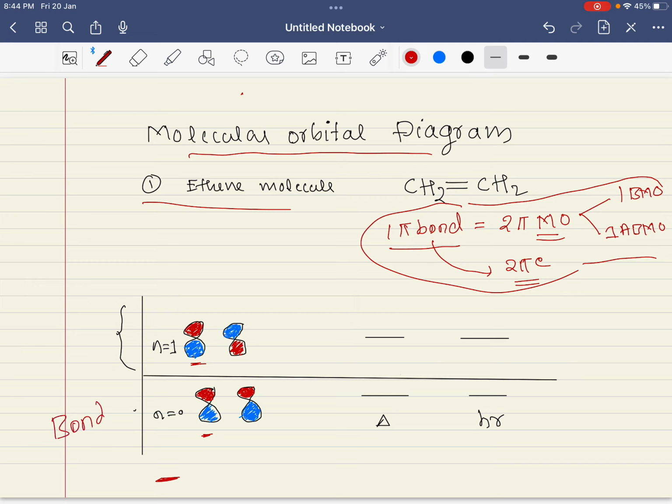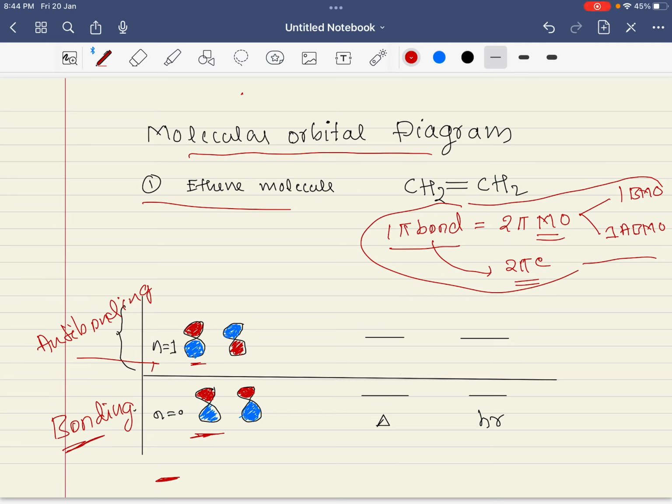This one is the bonding molecular orbital and this one is the anti-bonding molecular orbital. So there are 2 molecular orbitals.